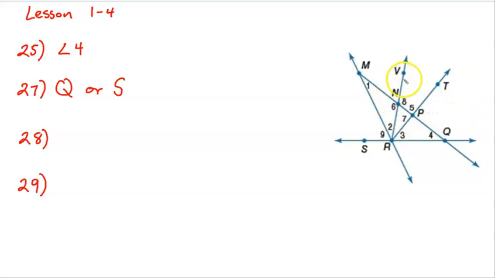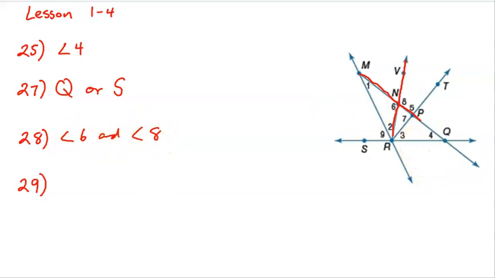For example, this angle 8 right here shares the same vertex with angle 6, and that's the only point they share. Sharing exactly 1 point and that's all would mean basically sharing the vertex. So that's an option. You could say angle 6 and angle 8.